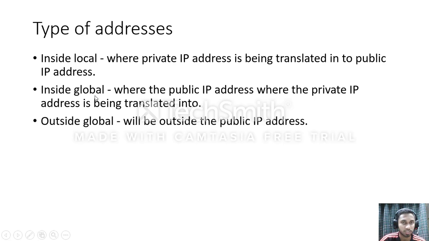Inside the global network is where the private IP address is being translated into the public IP address. Outside global will be those things that are happening outside the public IP address.